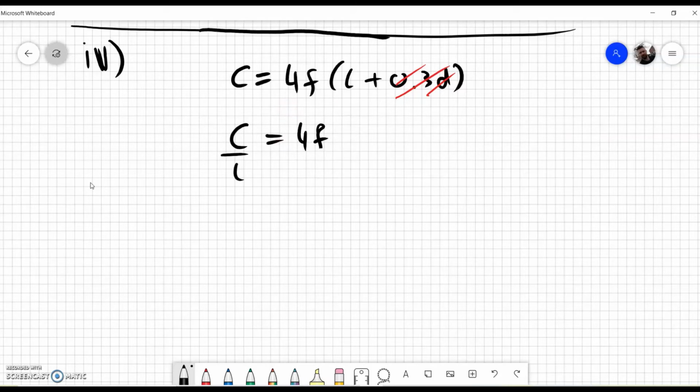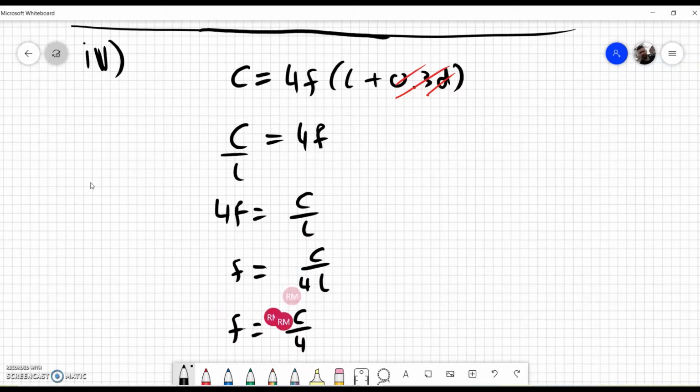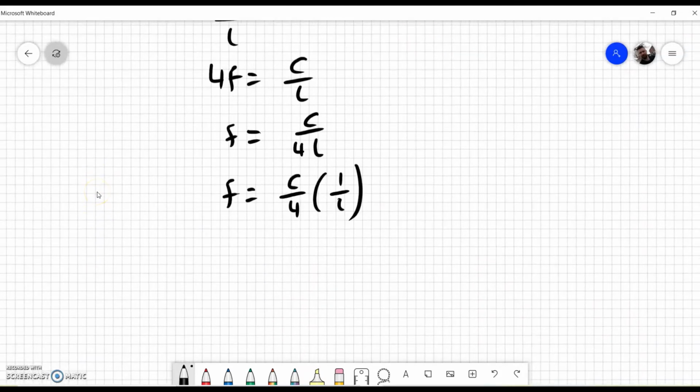I'm going to swap sides over: 4 times f is equal to c divided by L. And if I bring the 4 over as well, that gives me f is equal to c divided by 4L. So what I can do here is factorize this: f is equal to c divided by 4, bracket 1 over L. On my equation, this now looks like the general form of a linear equation.